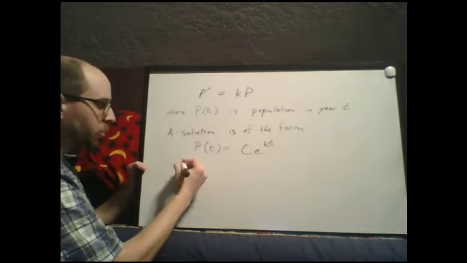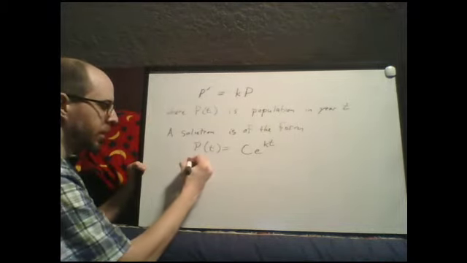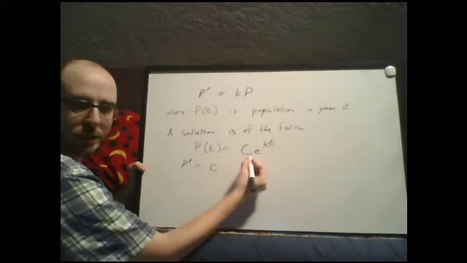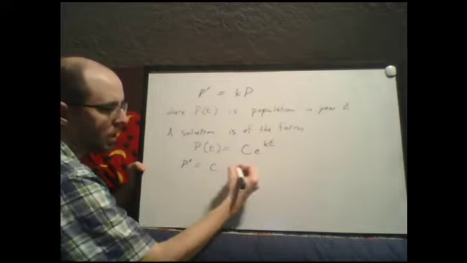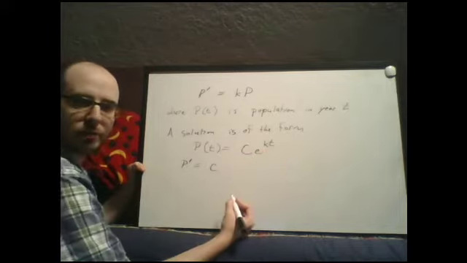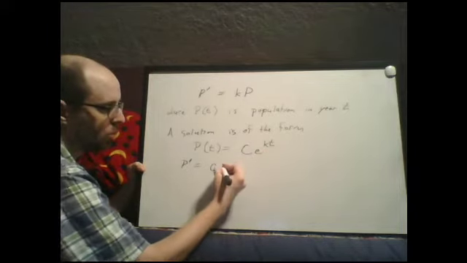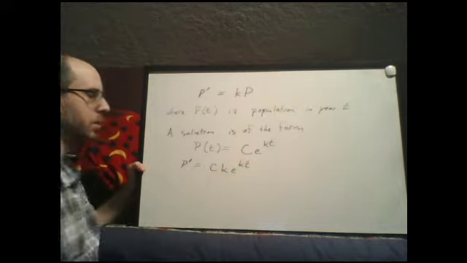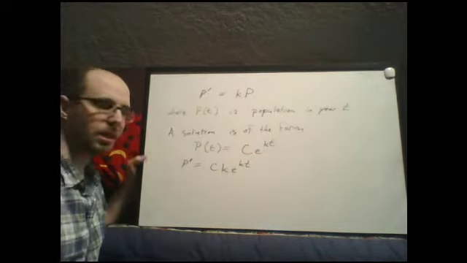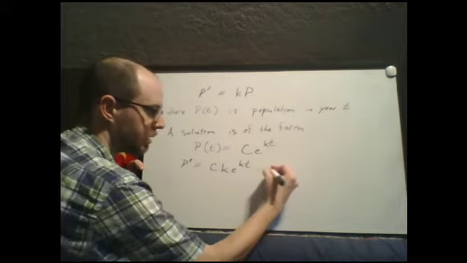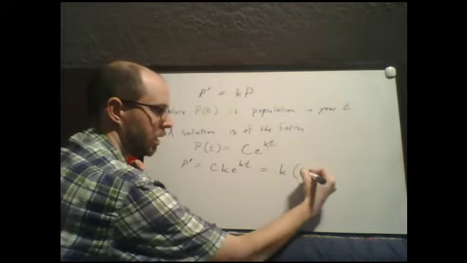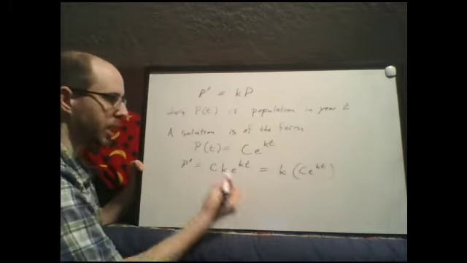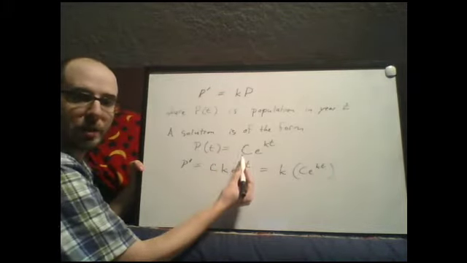So what I need is, what is p prime? Well, this would be c, a constant multiplier, times e to the kt times the derivative of the exponent, which would be a k. So c times k times e to the kt, that is k times c e to the kt. But c e to the kt is my p function.